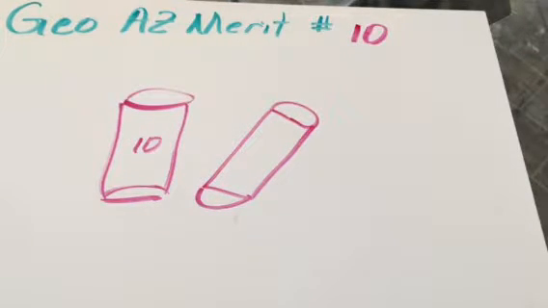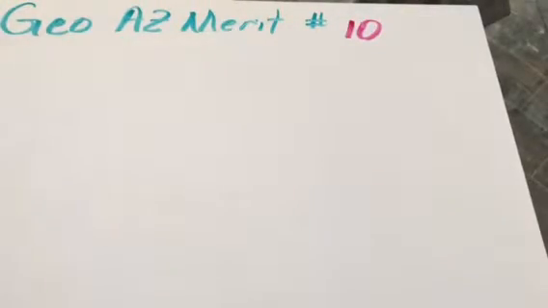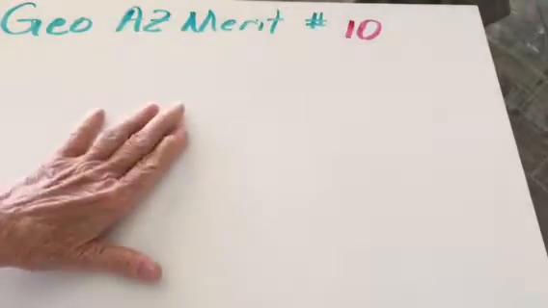So the slant has nothing to do with it, to tell you the truth, okay? You have to know that, though, in order to do this problem. So a slanted cylinder is going to hold just as much as the regular one.